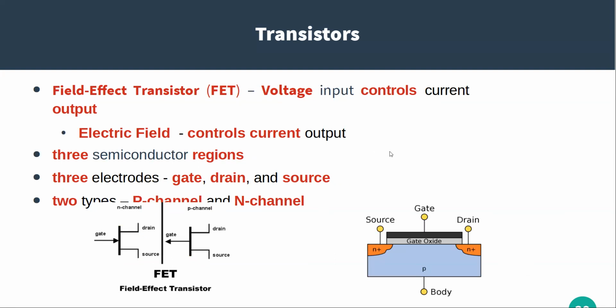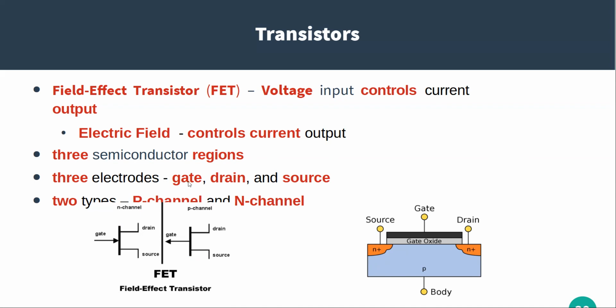Field effect transistors use voltage as a controlling element. There's still three layers. They're oriented differently. You'll still have a PNP or an NPN configuration. And then you have some other sub types, enhancement mode and depletion mode, and that's not on the test.